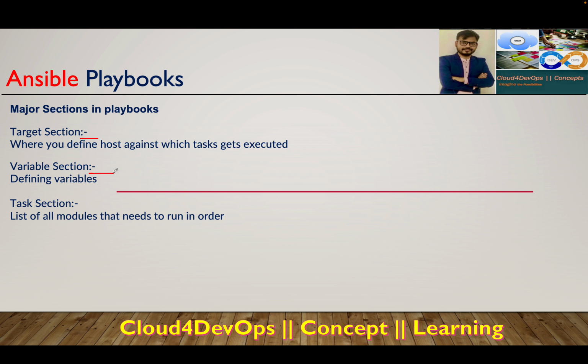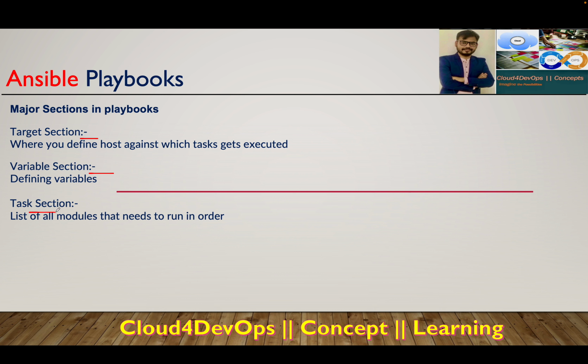In that case, instead of writing yum install httpd, I would have to edit that httpd everywhere. Instead of that, we define a variable, let's say package name is equal to httpd, and then use that variable in the tasks section where we send the instruction to perform this. Using a variable in that particular section makes it more modular. So you change everything in one place instead of changing it in hundreds of places. So that's what variables are.